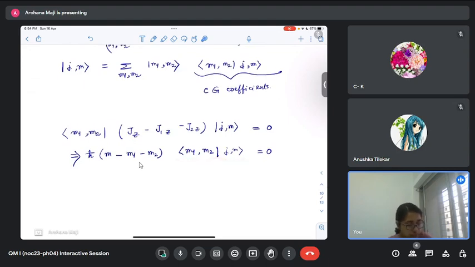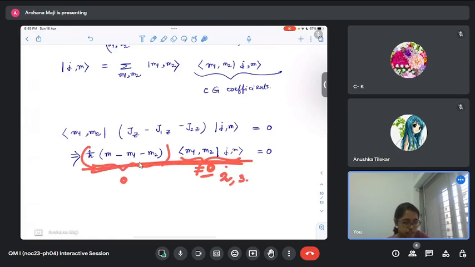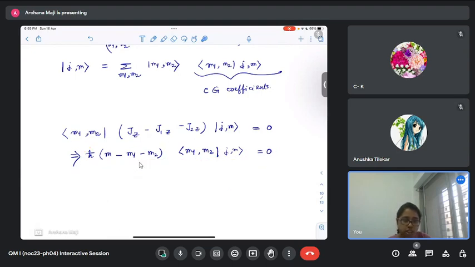And I'm saying that this is equal to 0. So for this CG coefficient to be not equal to 0, let's say some constant value, let's say 2 or 3, anything non-zero, then this factor must be 0 for the entire thing to vanish. Is this clear? Because the entire thing is 0.